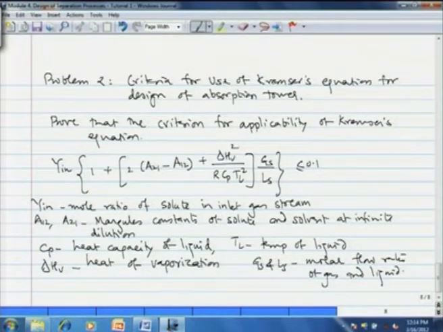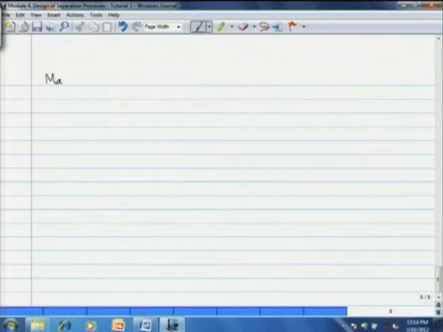Okay. So, we have to develop this criterion. We are given the Margules equation for activity coefficient.